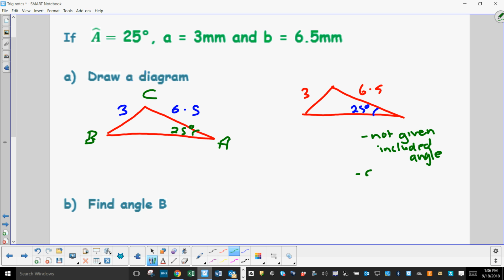The acute angle given is opposite the shortest of the two given sides.